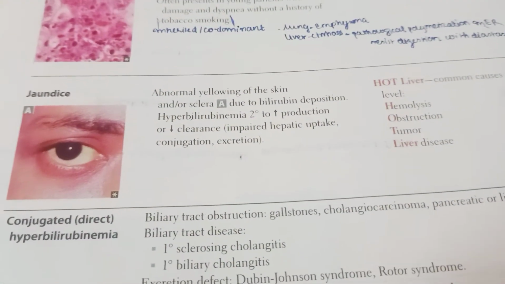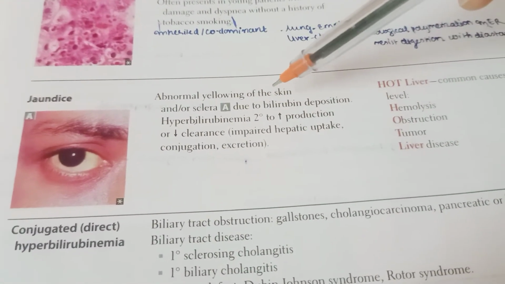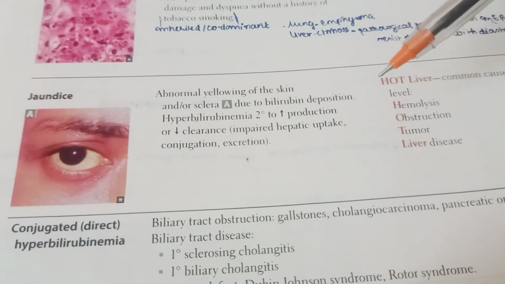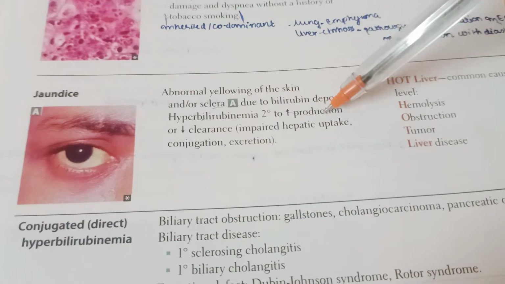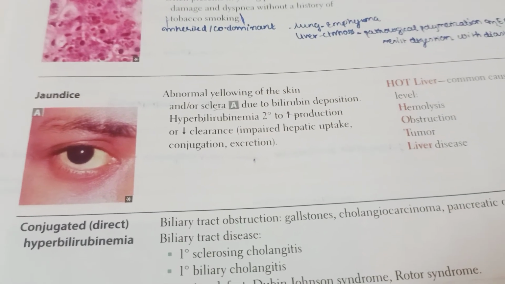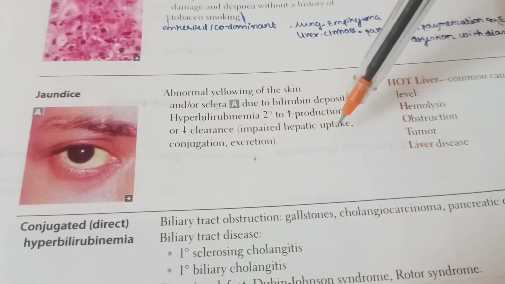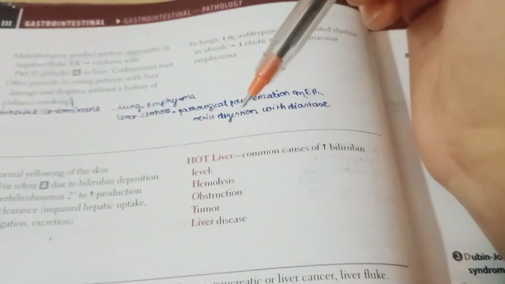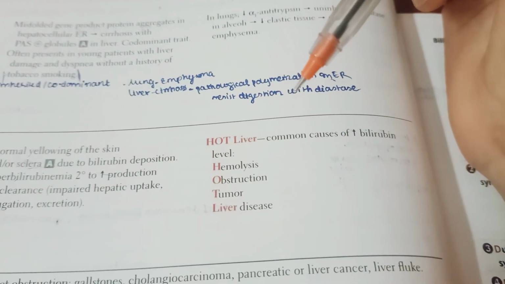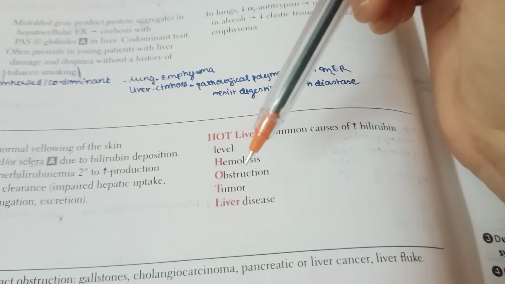Next, coming to jaundice. Jaundice is abnormal yellowing of skin and sclera, very importantly sclera, due to bilirubin deposition, hyperbilirubinemia, secondary to increased production or decreased clearance. We know that. So there's impaired hepatic uptake, conjugation or excretion. So you can remember HOT liver, common causes of increased bilirubin level. Hot means hemolysis.